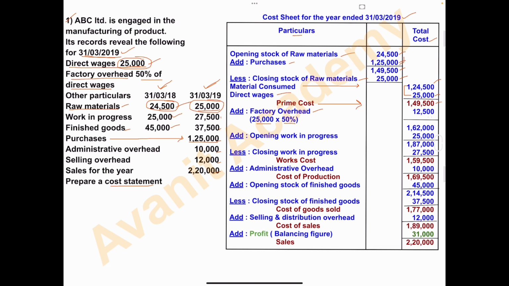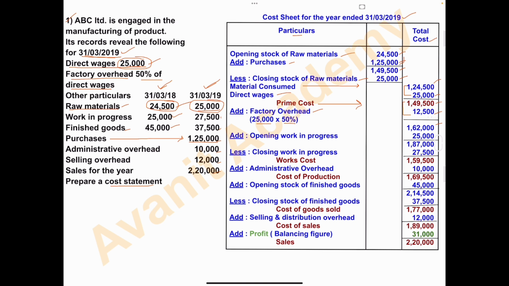In bracket mention 25,000 into 50%. You will get 12,500. 50% of 25,000 is 12,500. So the factory overhead amount is 12,500. Got this calculation? Now add these two amounts. 1,49,500 plus 12,500 and the total is 1,62,000.